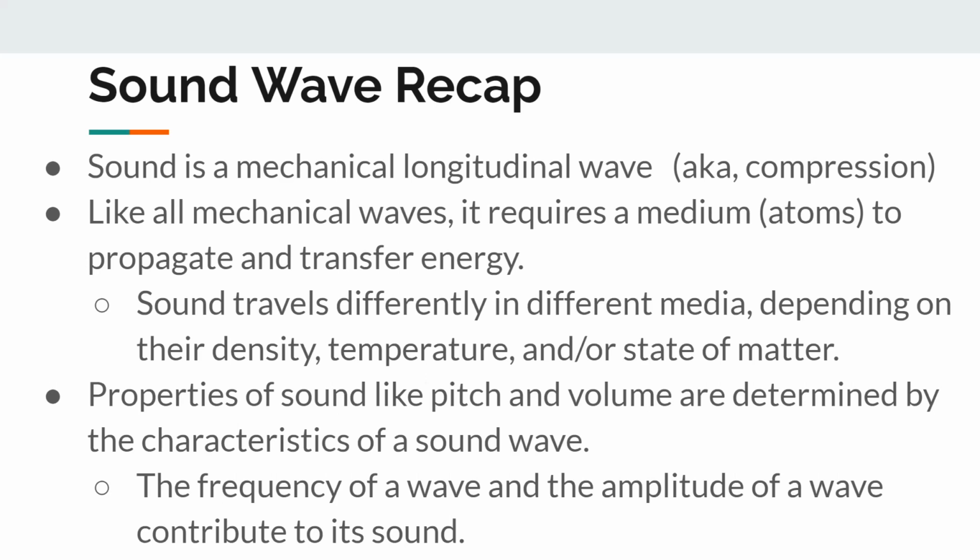Sound travels differently in different media depending on density, temperature, and/or state of matter. Properties of sound like pitch and volume are determined by the characteristics of a sound wave. The frequency of a wave and the amplitude of a wave contribute to its sound. Again, frequency is pitch, amplitude is volume or loudness.